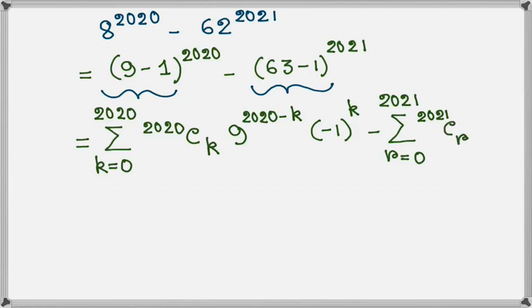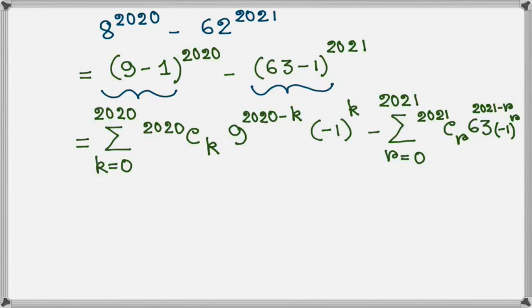2021Cr 63 to the power 2021 minus r into minus 1 to the power r.